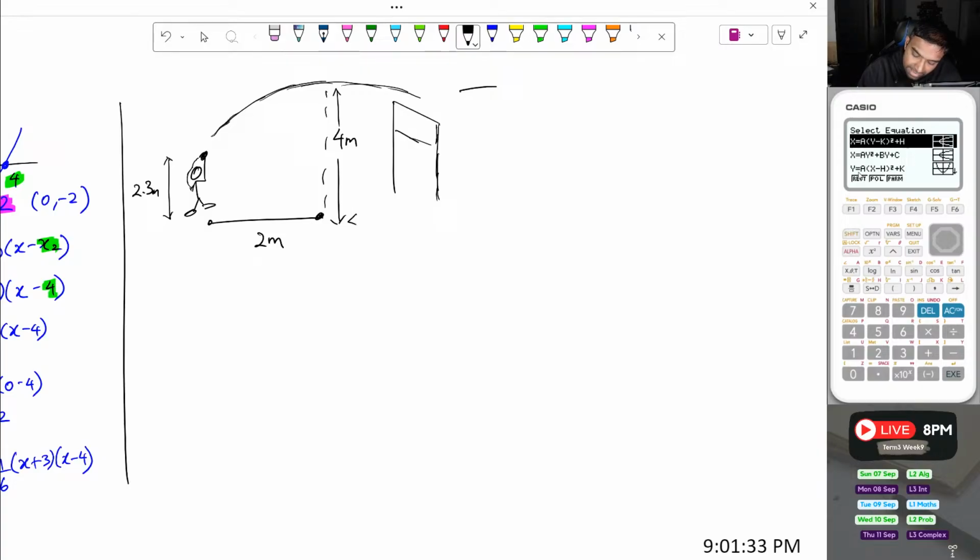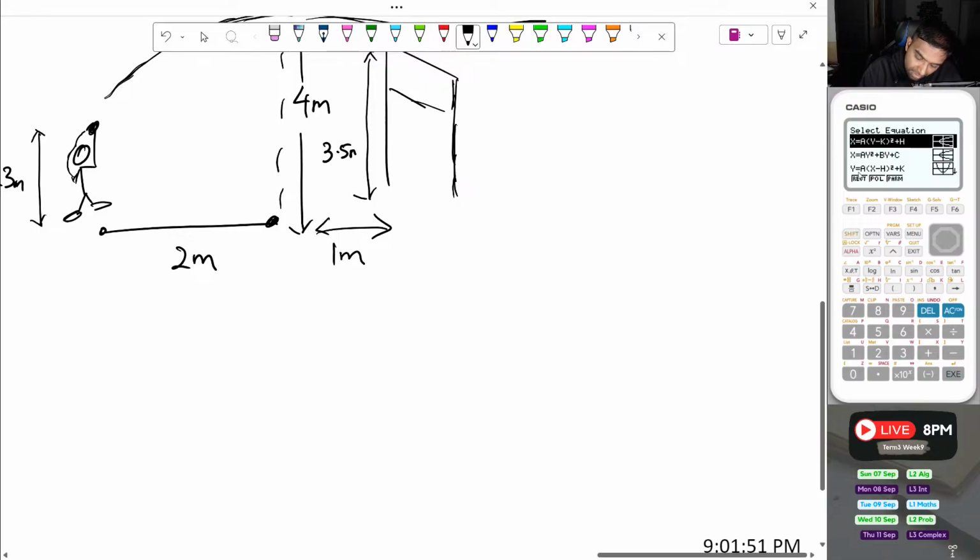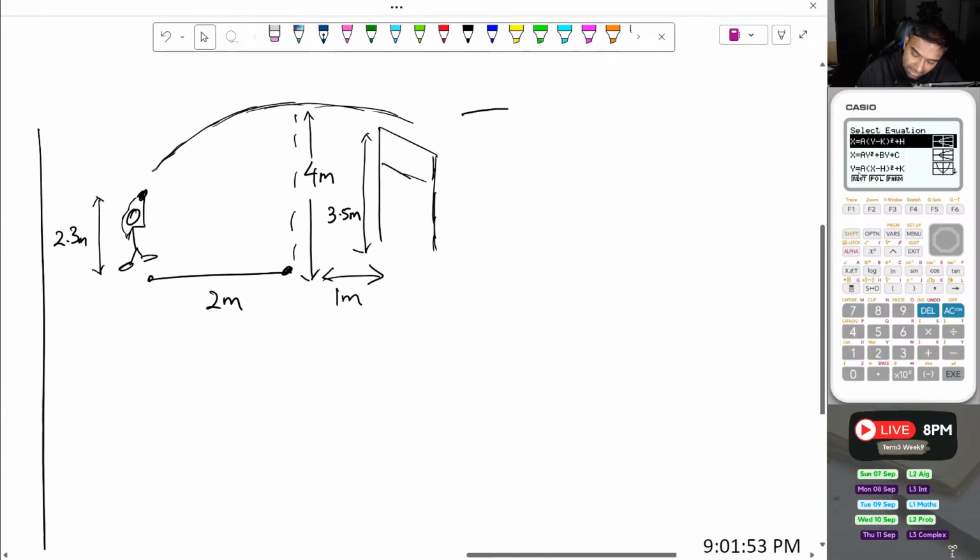Then the net is about 1 meter away, and the net height is 3.5 meters. That's a terrible diagram. So 3.5 meters for the net. Is the ball going to clear the net?